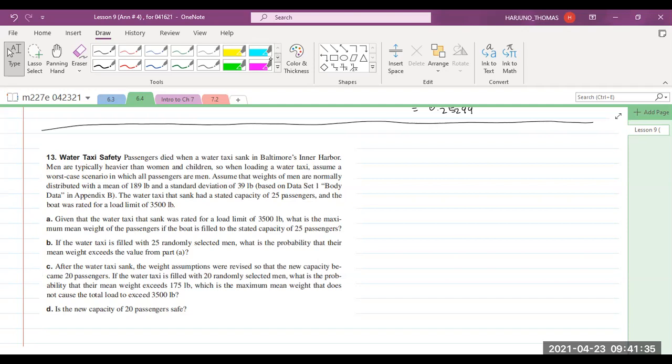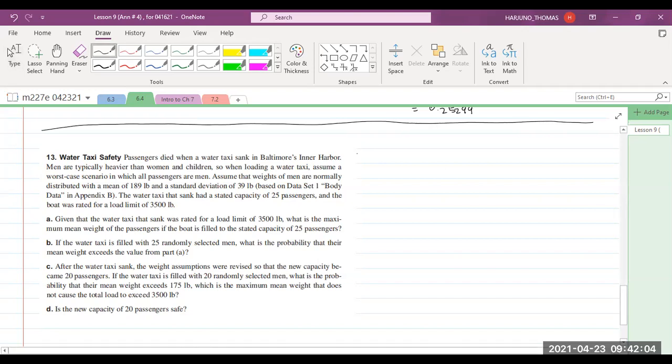But let's see. Passengers died when a water taxi sank in Baltimore Inner Harbor. Men are typically heavier than women and children. So when loading a water taxi, assume worst-case scenario in which all passengers are men. Assume that the weights of men are normally distributed with mean 189 and standard deviation 39 pounds.